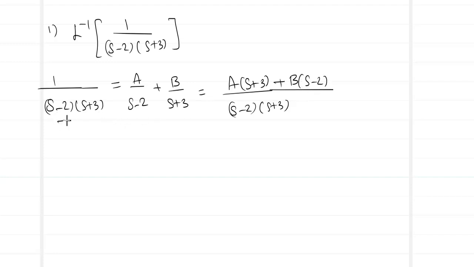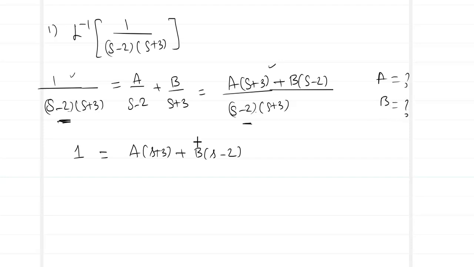Now comparing your first term and the last term, both denominators are the same. Hence, you can compare your numerators, in which case 1 is equal to A into s plus 3 plus B into s minus 2.